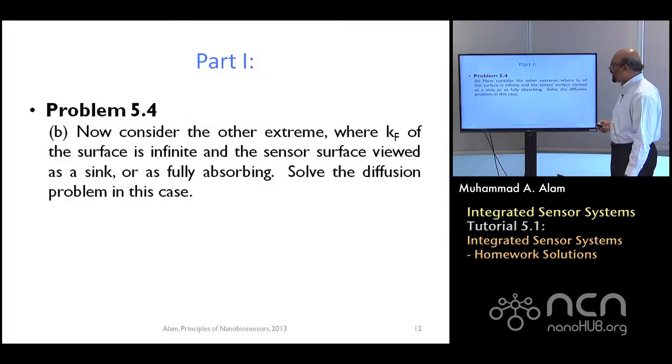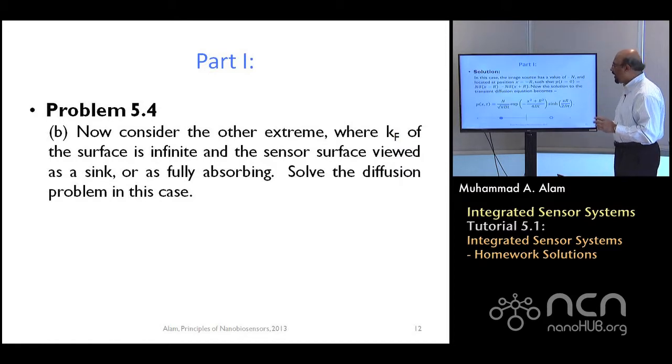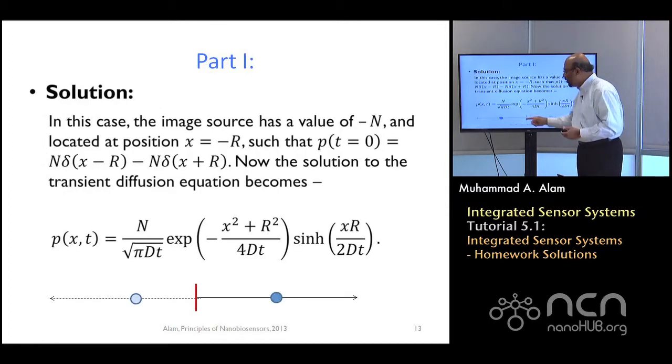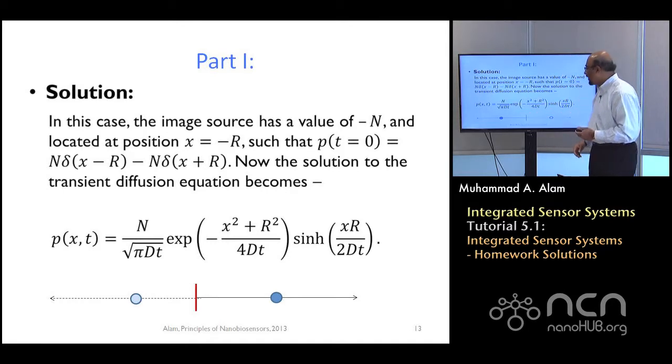And you can do the other extreme also. You can assume that every particle that comes to the sensor surface is captured by the surface molecules. That is just another extreme. In that case, all you have to do is to make sure that these two things come with a negative sign, so that the concentration in the middle always stays equal to 0.